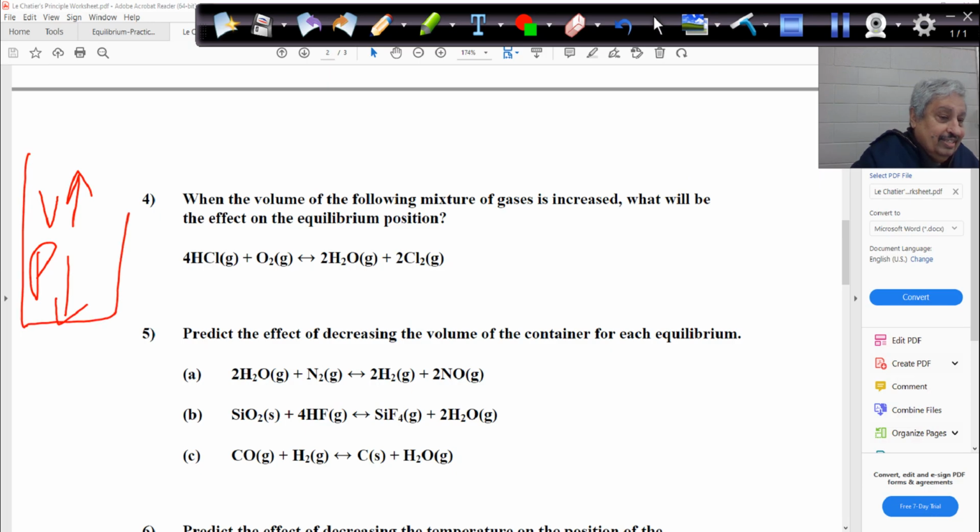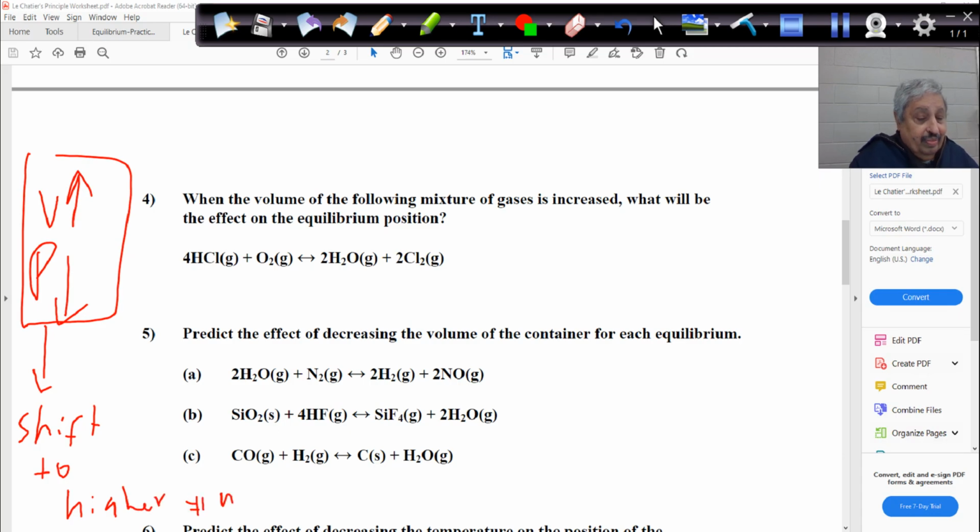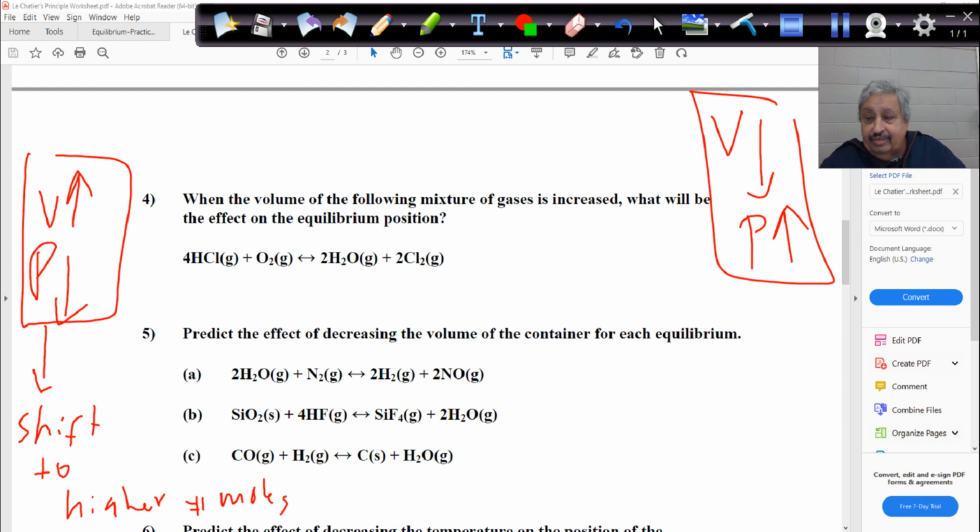In this case, when the pressure is down, the shift will be which way? Remember that, shift to the higher number of moles. Correct? So if the volume is down, the pressure is up, this one here shifts to the least number of moles.